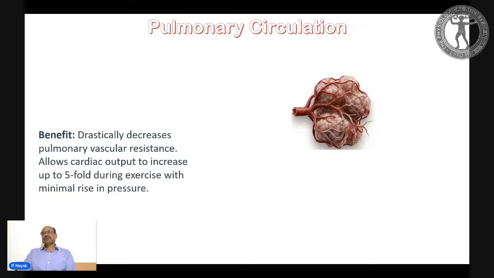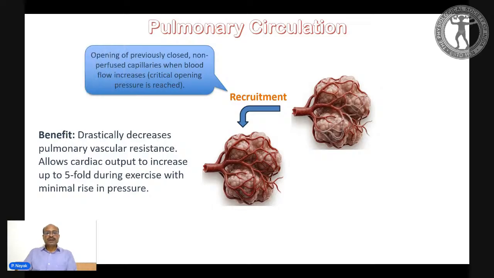Along with this, there are two other mechanisms. One is recruitment, the opening of previously closed non-perfused capillaries. As you can see, these were non-perfused. This is a very representative diagram, just to show that these are non-perfused capillaries.